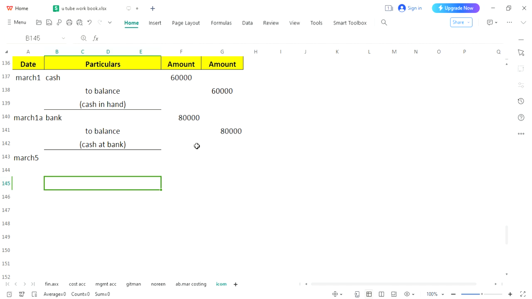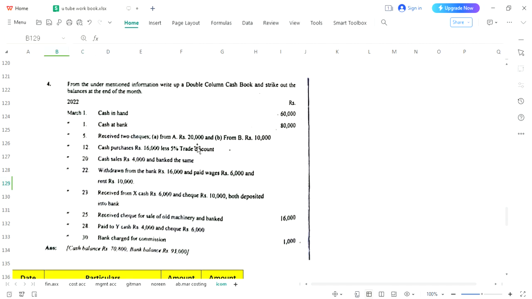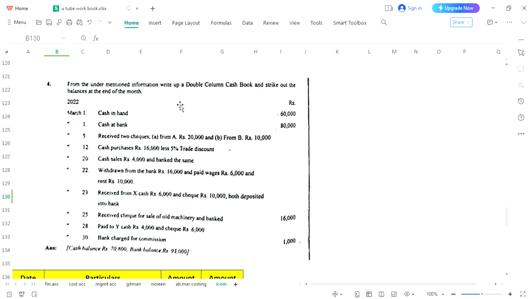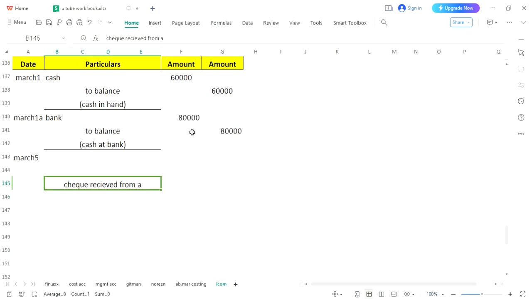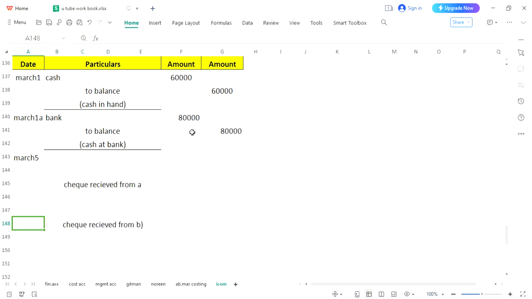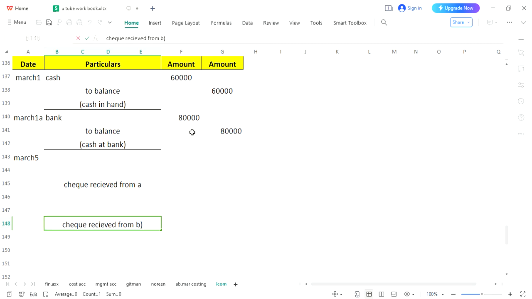March 5 is saying we are receiving checks. Check received from A. This is our first narration. And same, what you will do, you will write this narration as it is over here, but second check we are receiving from B. This is first way to make journal entry.